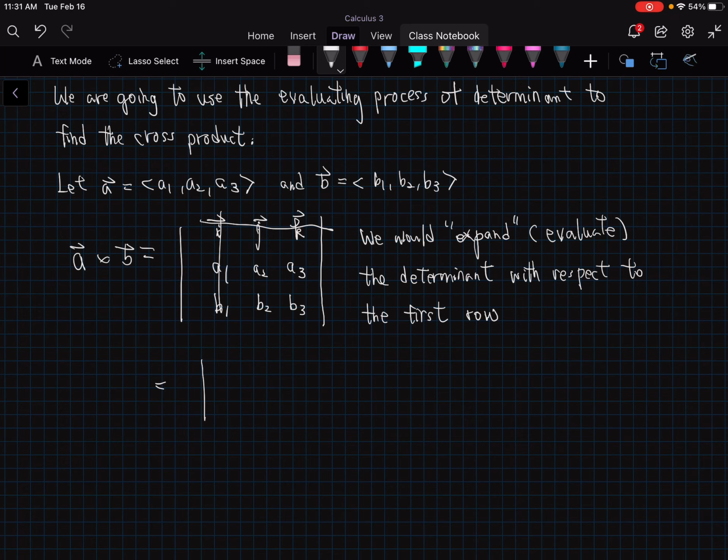So you have the determinant of A2, A3, B2, B3, I, minus.